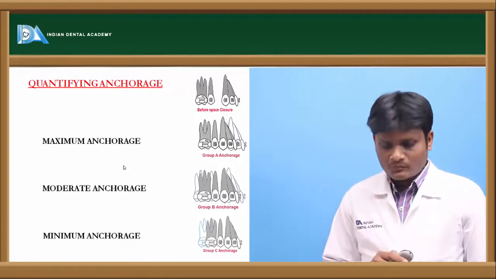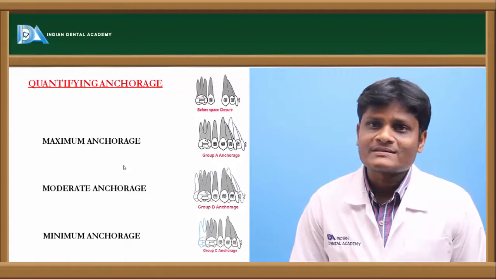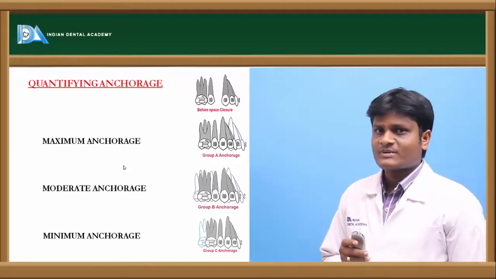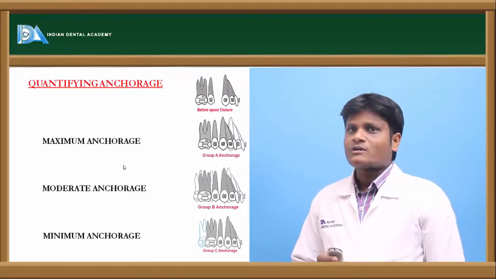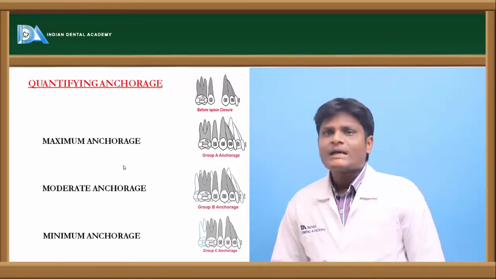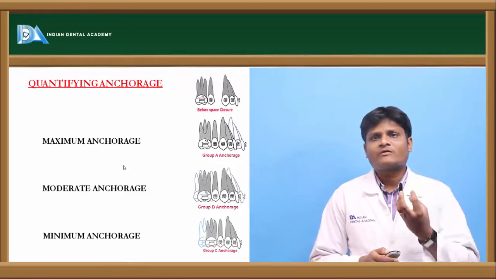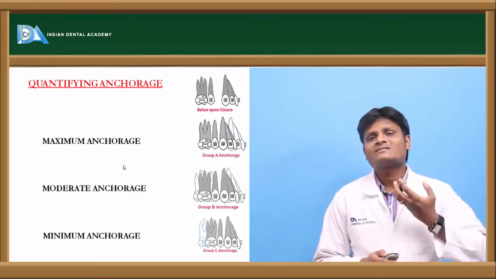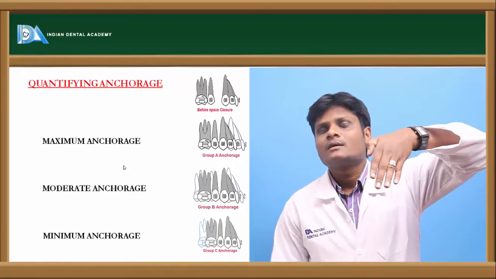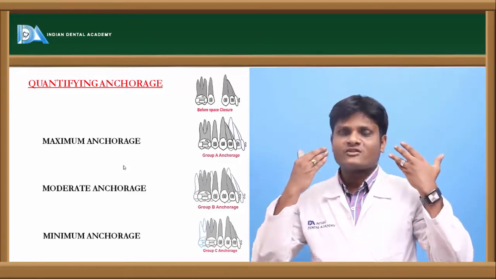For example, if we have a case of extraction treatment, like we are extracting all 4 first premolars for orthodontic treatment. Now, depending upon the type of correction we require, for example, if a patient has severely proclined teeth, we need to take the teeth as much as possible into the extraction space.